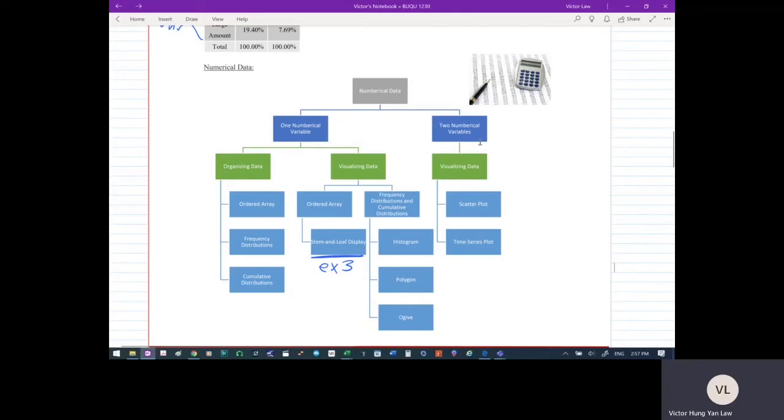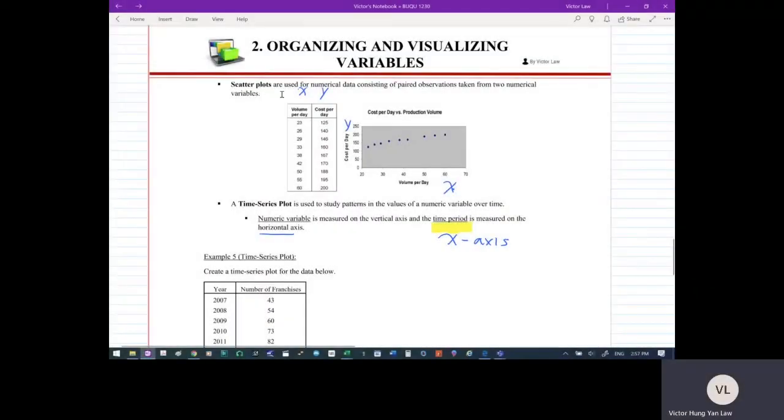Next, we're going to look at two numerical variables, and how we visualize them is through scatter plots and time series. Scatter plots are used for numerical data consisting of paired observations taken from two numerical variables. If we look at the table here, we have the volume per day and the cost per day. This is just a table of values, which you have learned already in high school. You have a table of values and you graph them.